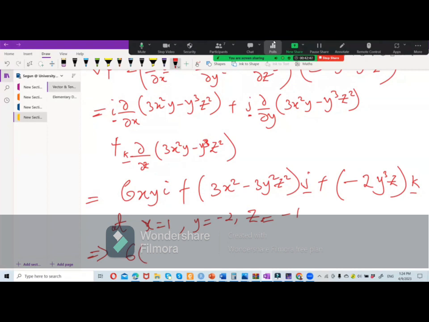We have 6 in brackets, 1 in brackets, minus 2, i, plus 3 in brackets, 1 squared, minus 3 in brackets, minus 2 squared, and z raised to power 2, j.